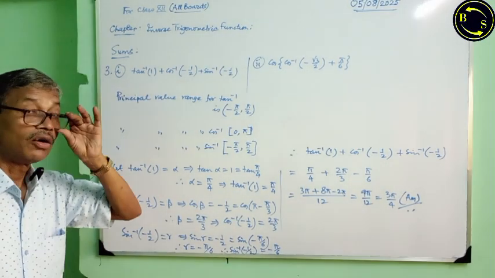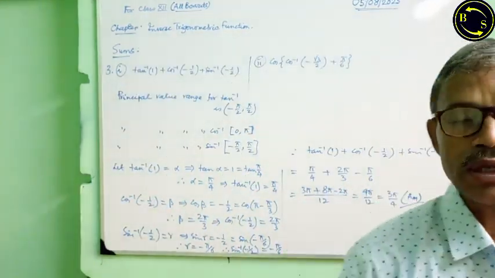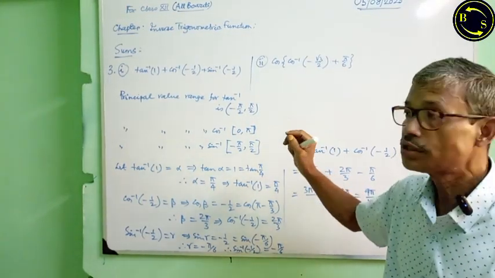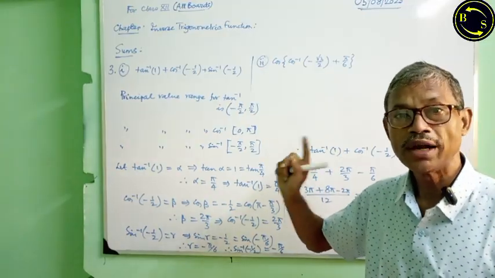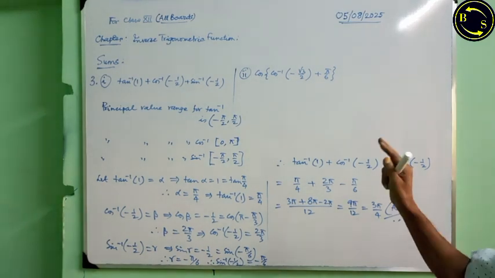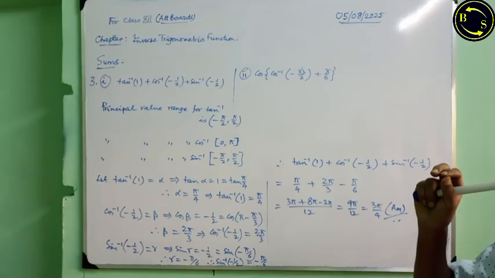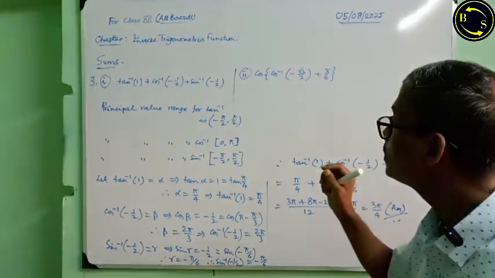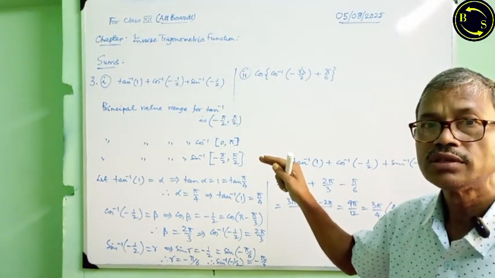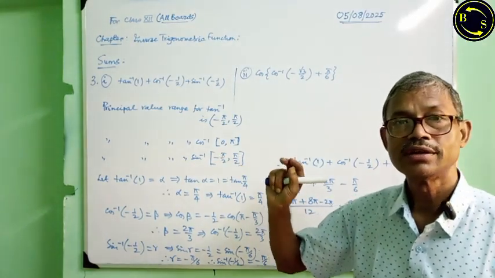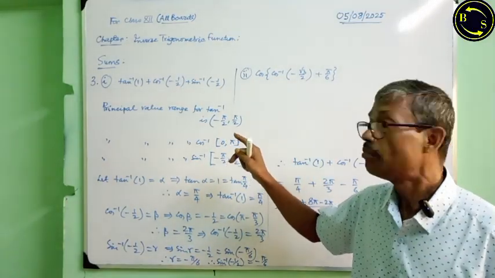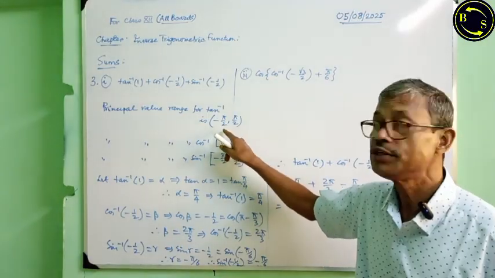Already I have mentioned that while you solve such type of problems, it is not compulsory that these are to be mentioned. You just keep in your mind the principal value matter, and my suggestion is that to remember this principal value range, just you remember like this: for sine function, first quadrant, fourth quadrant; for cos function, first, second; for tan function, similar to sine function, but that will be open interval, minus pi by 2 to pi by 2.